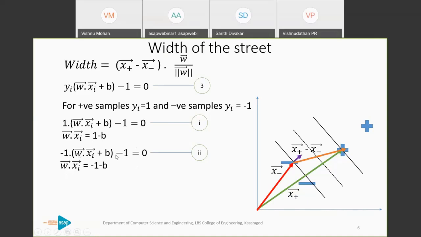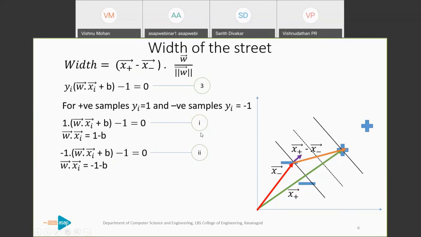Okay, so you'll be getting -1. You multiply -1 with b, minus b. So the expression will become w dot xi is equal to -1 minus b. So we now have two values, 1 minus b for positive samples and -1 minus b for negative samples.